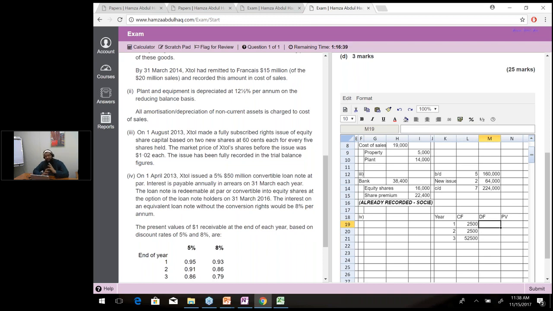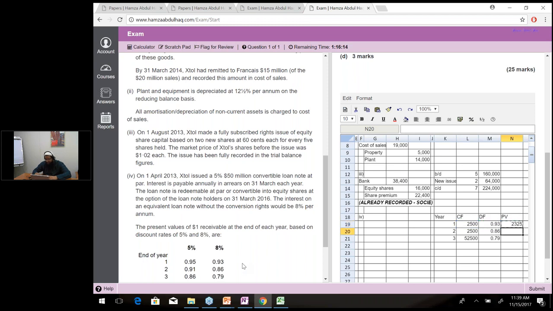So 2,500 is 50,000 into 5%, year 1, 2, 3, and in year 3, a further 50,000 of the repayment. The discount factors have been given again: 0.93, 0.86, and 0.79. To calculate the present value, this is going to be 2,500 into 0.93.